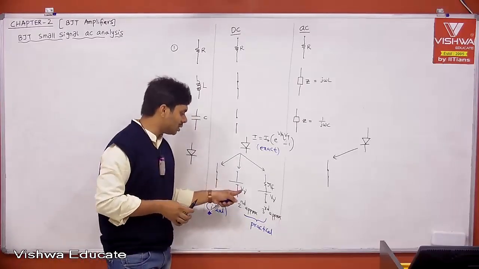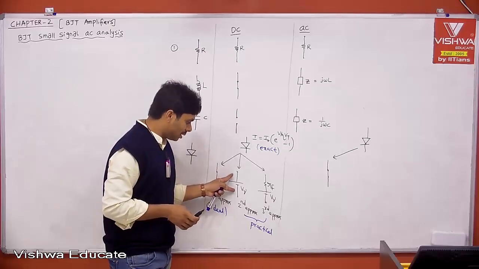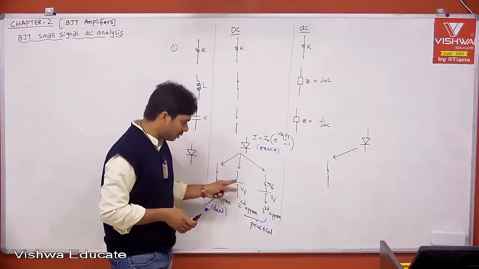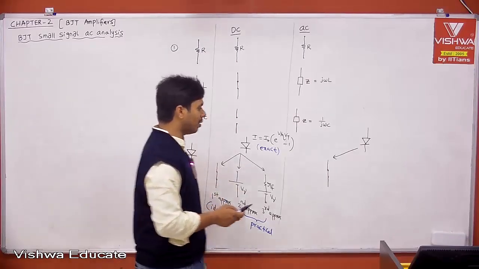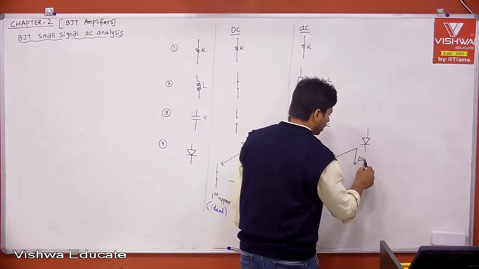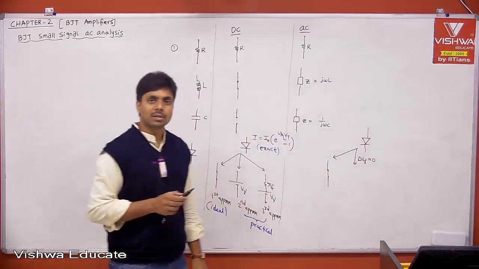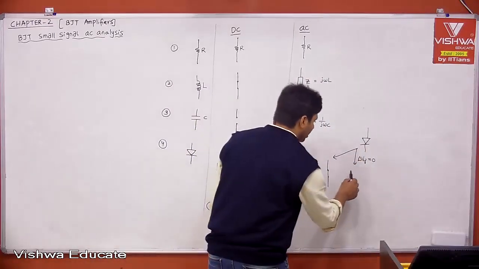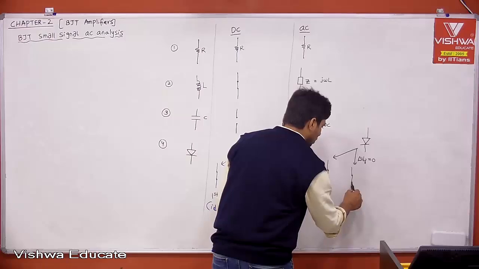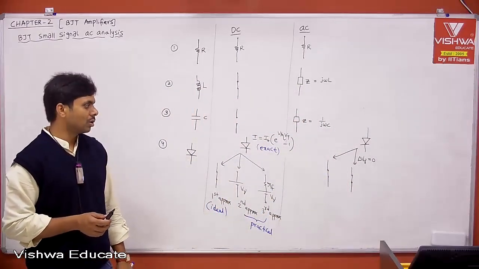Therefore if V gamma is not changing with respect to time, during AC analysis we will not take V gamma into account, because the change in V gamma is equal to 0. Therefore delta V gamma, the change in V gamma due to frequency, is equal to 0, and that is also represented like a short only.